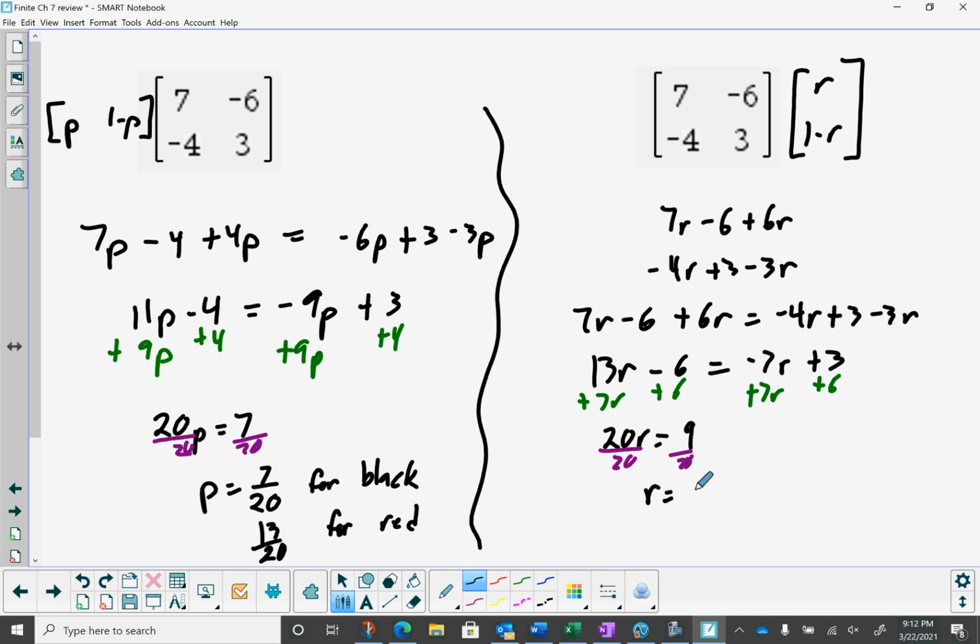For Brit, 9 out of 20 times show that black card. And then it's 11 out of 20 times for the red.